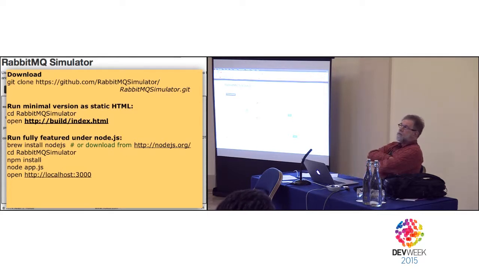Now, Rabbit, unlike Zero, does support external configuration in the sense that you can specify the entire topology in a configuration file, bring up a broker, and it just builds it. So that's handy. In fact, if you are clustering, it's essential. Zero doesn't give you that option. The topology is set up effectively by the programming system.